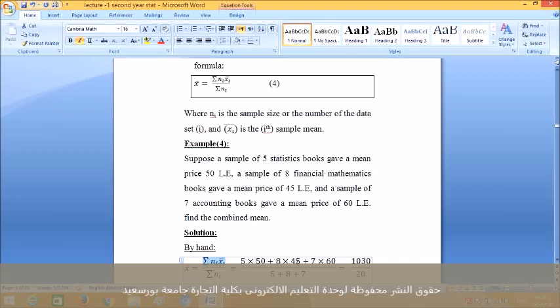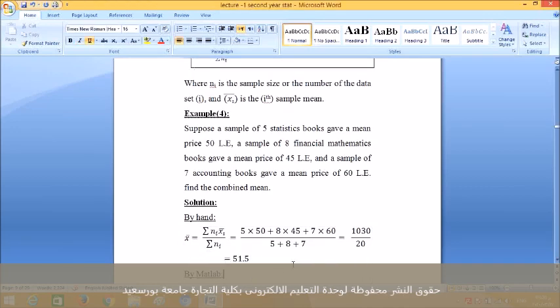The second price is 45 and the number of books is 8, and the third price is 60 pounds and the sample size is 7. So the summation of these multiplications will be 1030 divided by 20. So 20 is the summation of all sample sizes.